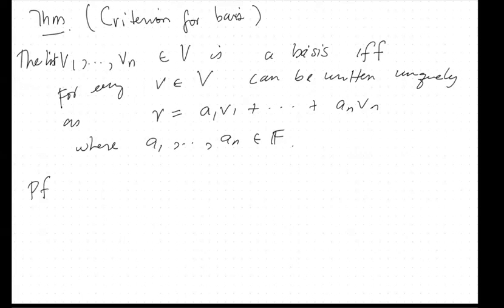So the proof here is procedural and I think easy. Let me just say the first part. First we assume that v1 to vn is a basis. Then what?